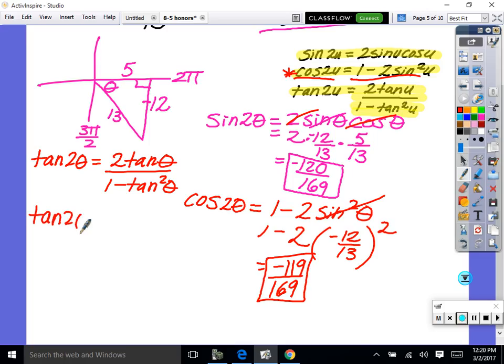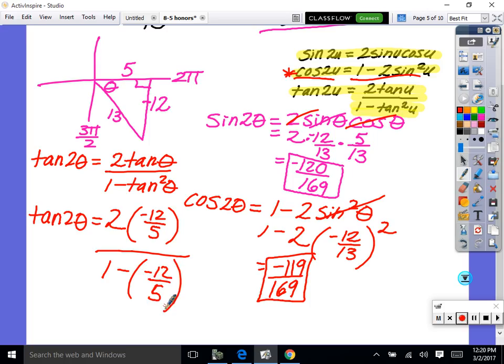Tangent of 2 theta equals 2 times tangent of theta, which is opposite over adjacent, so 2 times negative 12 over 5, divided by 1 minus negative 12 over 5 squared. Now you'll just use algebra, but correct algebra, keep in mind. Make sure you can type that in and get it right. It should come out to be positive 120 over 119. Maybe take a second and see if you can type that in correctly. I'll push pause and give you a second.